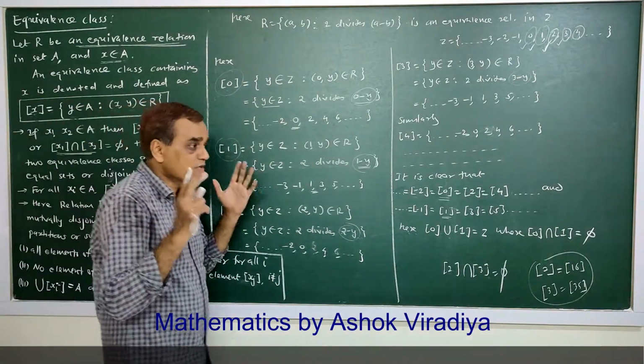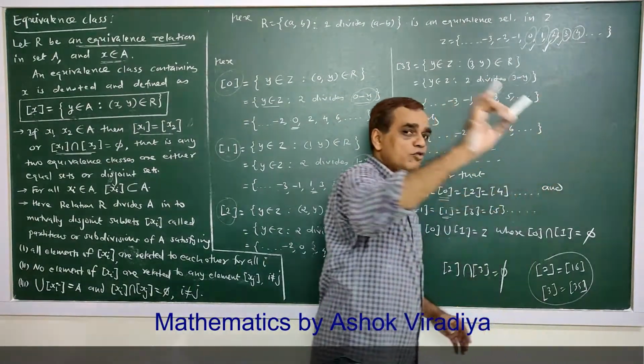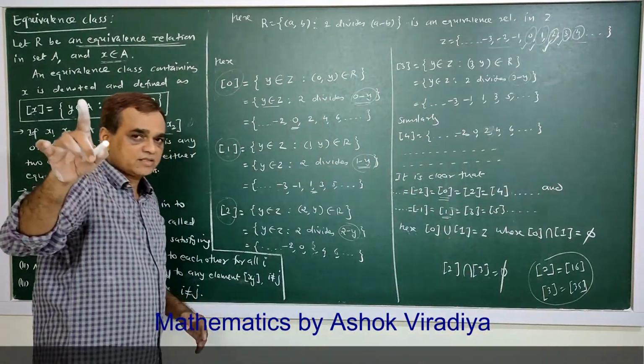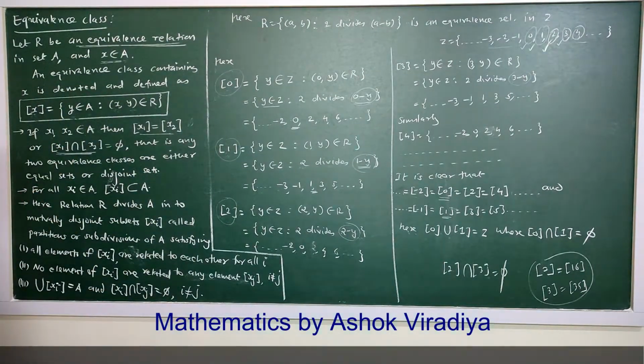If you find the equivalence class containing any number from the given set, and if you observe this property, then either the equivalence classes will be the same or the intersection is empty.